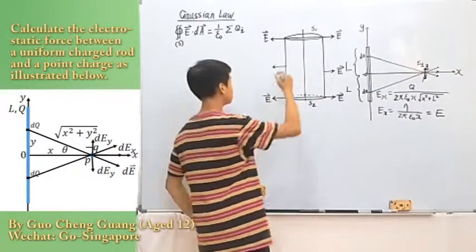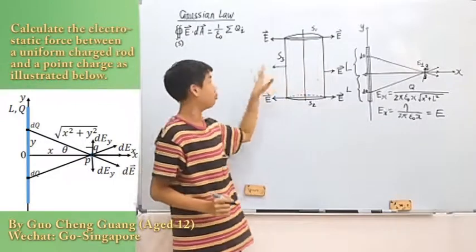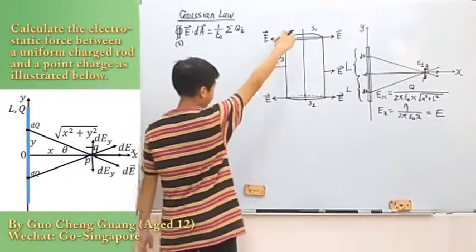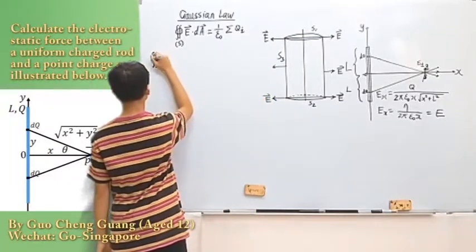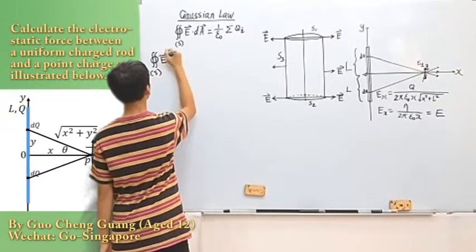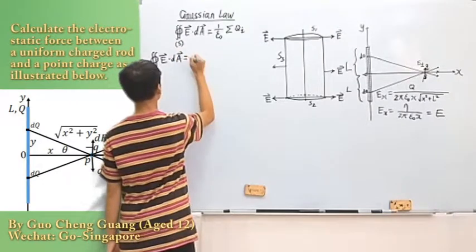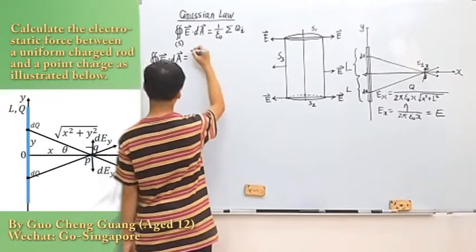It is also a surface S3. Just take note that there's only one surface here. So that means we have 3 surfaces in total. And so for this part, we can just separate them into their respective surfaces.